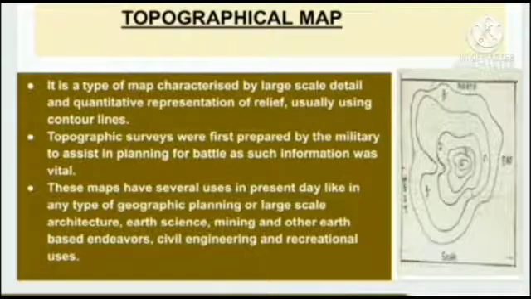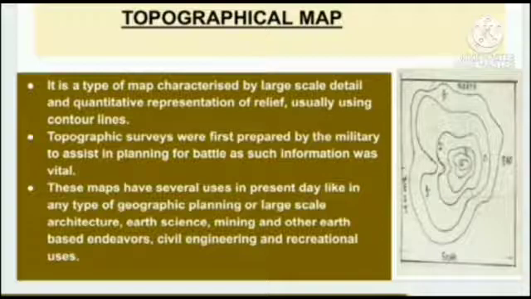A topographic map is a detailed and accurate two-dimensional representation of natural and human-made features on the Earth's surface. These maps are used for a number of applications, from camping, hunting, fishing, and hiking to urban planning, resource management, and surveying.